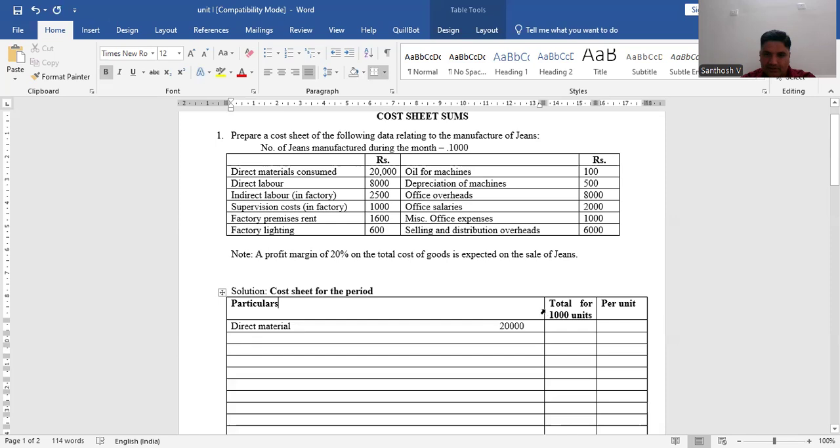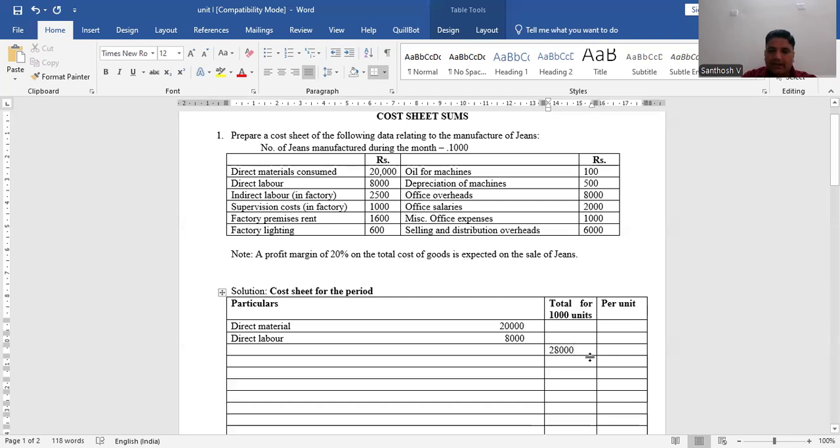Direct materials 20,000. And then after the direct materials, we can see direct labor. Under direct labor, 8,000 is given in the question. Now add direct material plus direct labor together, and you will get 28,000. Now the per unit: 28,000 divided by 1,000 units, you will get 28 rupees.